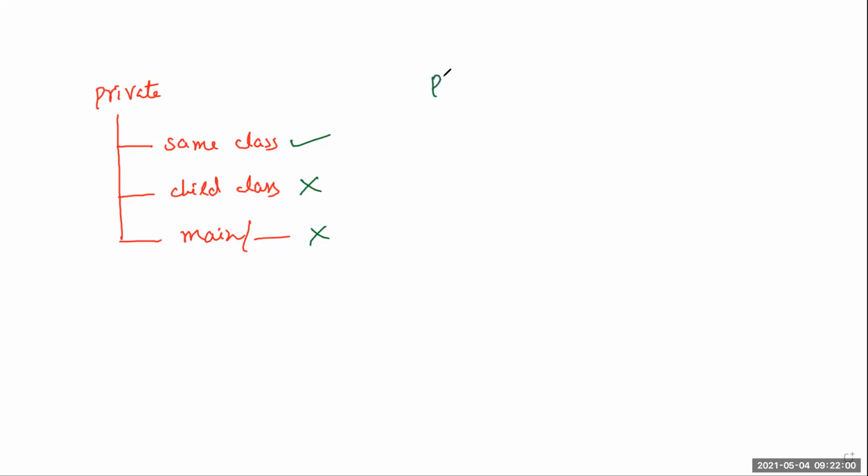Now, if something is public, what happens there? Let me just write it, and then I'll explain. I'll take your queries, don't worry. So what happens if something is public? Again we see, can we access it from the same class?